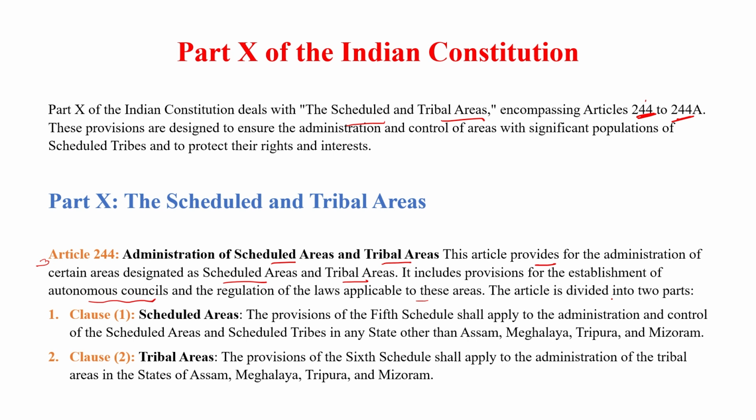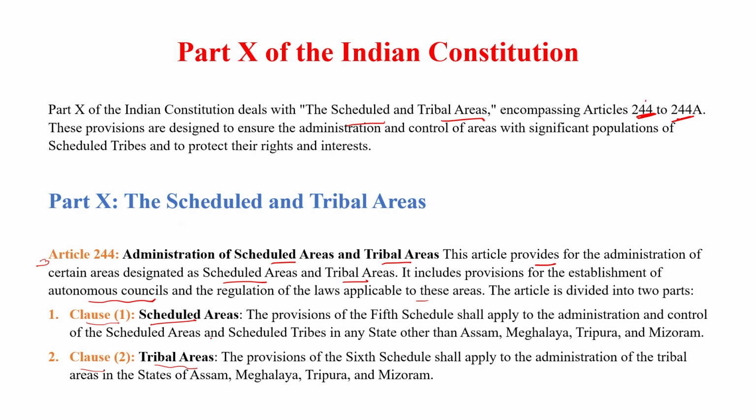This article is divided into two parts, clause 1 and clause 2 of article 244. As the title is the scheduled and tribal areas, clause 1 explains the scheduled areas and clause 2 explains the tribal areas.